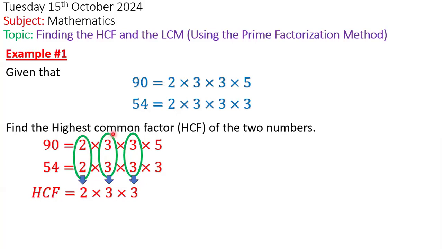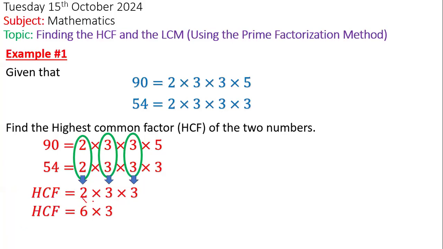We pair this one, we pair that one, we pair that one. The ones that are not paired up, we don't worry about them. Now we have 2 times 3 times 3, which gives us 18, because 3 times 3 is 9 and 9 times 2 is 18.